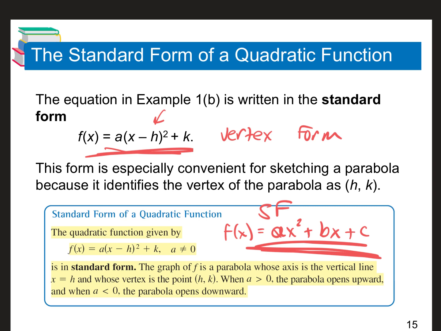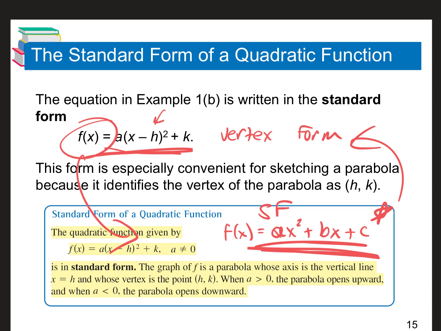I'm going to call them standard form when it's x squared, x and constant, vertex form when it's like this. Your book and WebAssign don't differentiate. So just understand if it's in this form, they want you to go to the other one. If it's in this one, they want you to go to the other one.